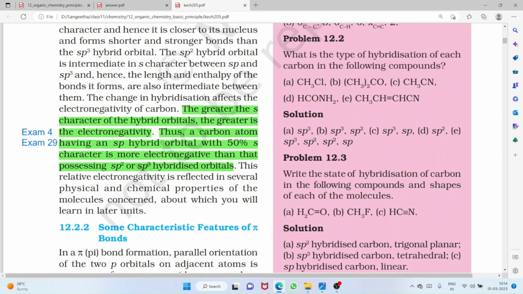The greater the s character of the hybrid orbital, the greater the electronegativity. They have mentioned it in the book on this page.